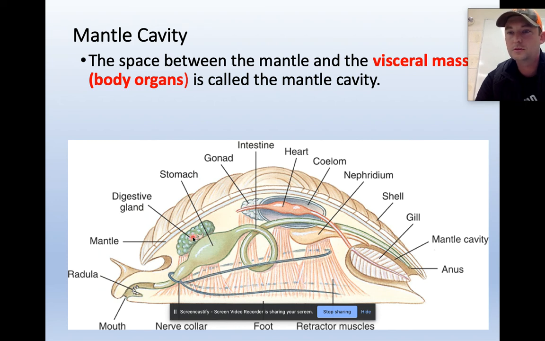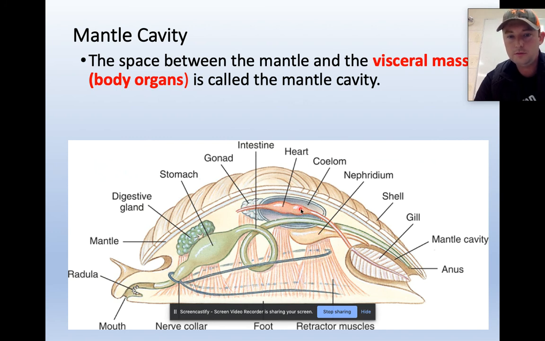In humans, this would probably be more advanced, like a pancreas, but these guys are not that advanced digestively yet. And then we move through here to a nephridium, which is essentially a kidney-like structure. This is going to help regulate water, salt, and sugars as well, right?